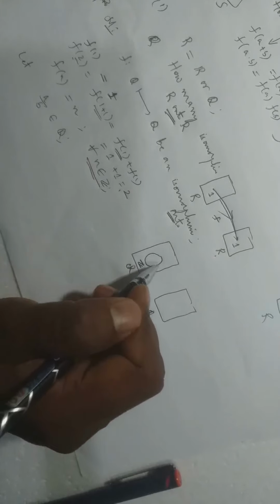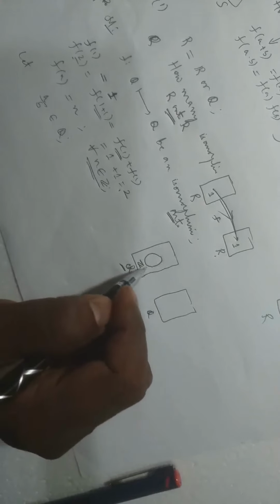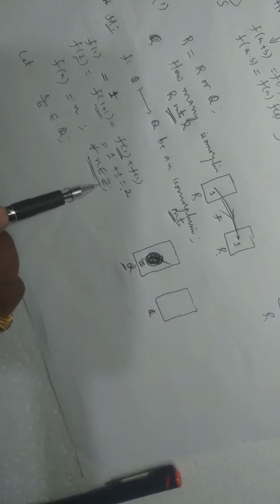There are some elements in this Q which are not integers, that are the fractions. 1 by 2 is there, 1 by 4 is there. So this portion is okay. I have no problem with this Z, because for all elements of Z, f of n is n. But to show that for any fraction it will work.